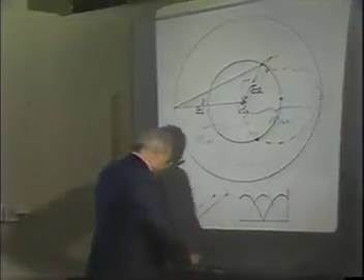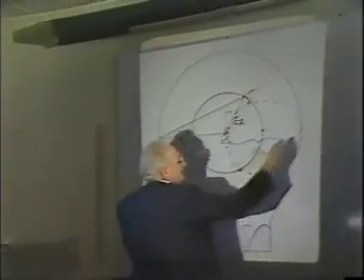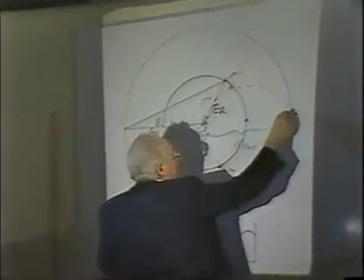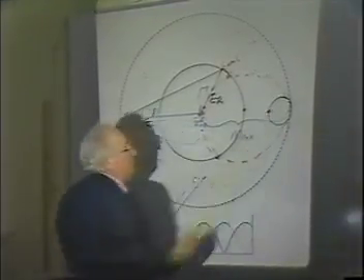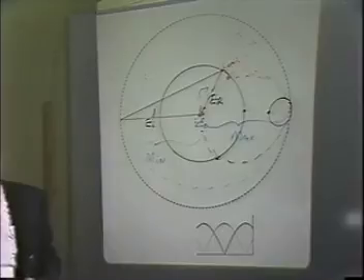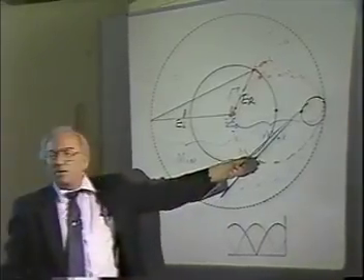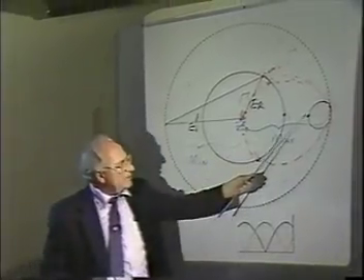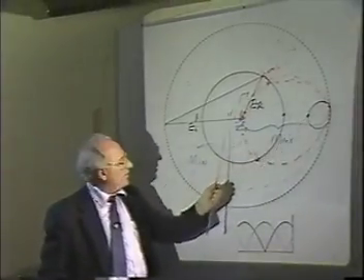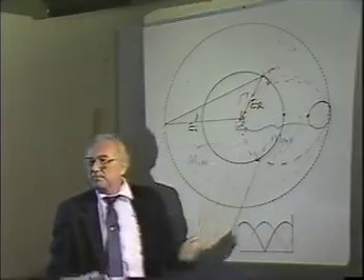Suppose I have a circle like this. What's this value here? A pure resistance value greater than Z0. If this represented 800 ohms, every place on that would be 800 ohms. But it's only 800 ohms pure resistance right here on this axis where it crosses.